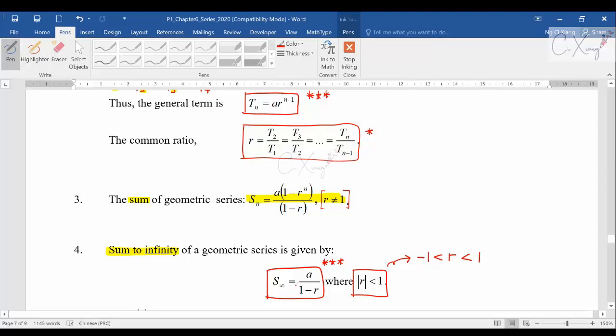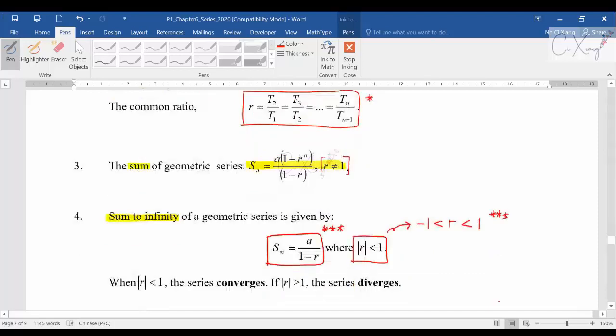Only then can you apply this formula and get the sum to infinity. If, let's say, your R is more than 1, that means this sum to infinity actually doesn't exist. Or even if you really apply this formula, the answer that you get will be a wrong one. So to make sure that this formula can be applied correctly, you have to make sure that your R, your common ratio, is between -1 and 1.